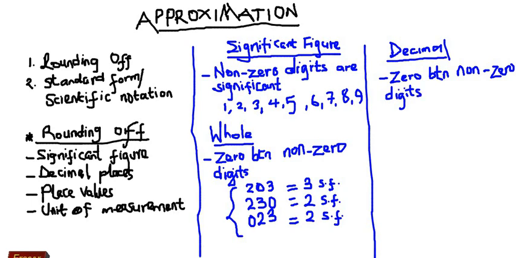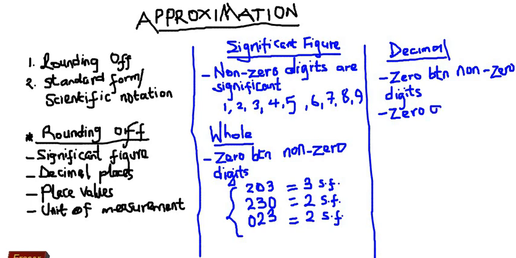But apart from that, a 0 that is after the last non-zero digit, that one is also significant for decimal numbers, okay, because it gives us an idea of how many decimal places we want to retain in the number.